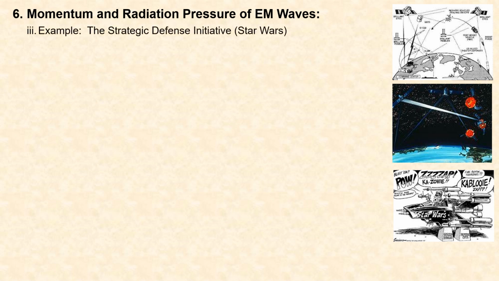So there's a history lesson to be learned with this example. This example deals with what was called the Strategic Defense Initiative, or SDI, or as it was more commonly referred to by the American public, simply Star Wars.